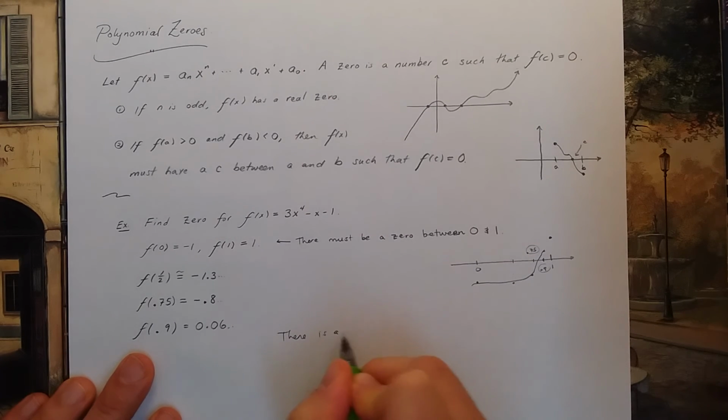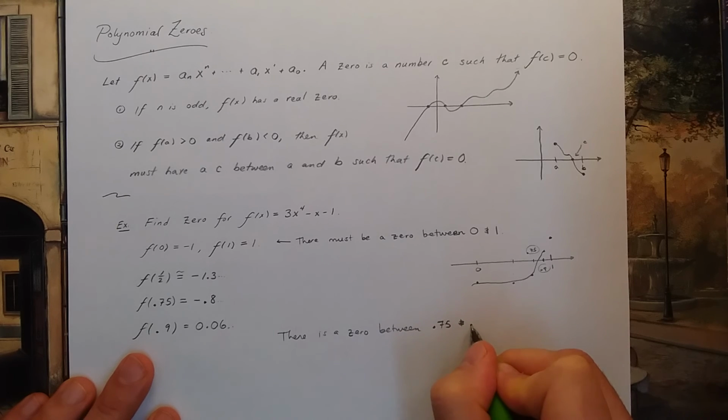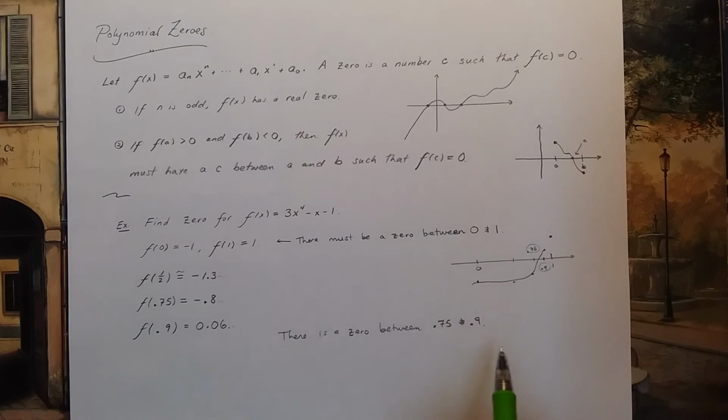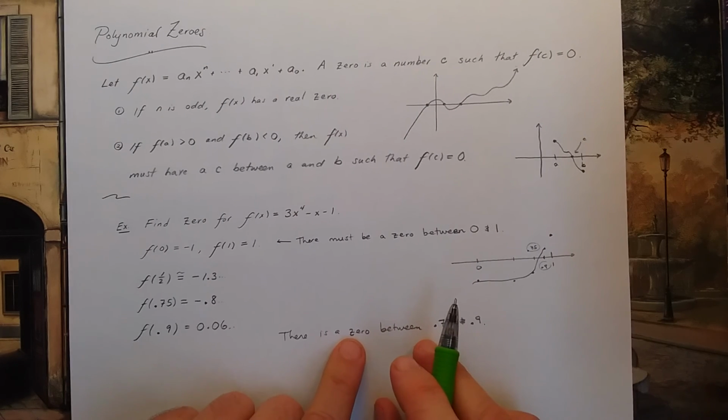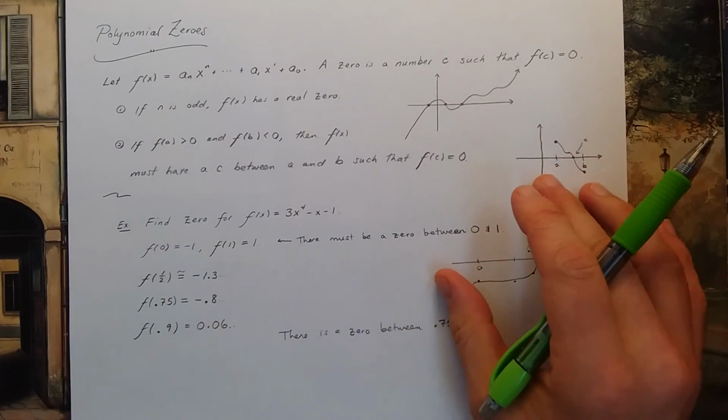So there is a 0 between 0.75 and 0.9. If I need even more accuracy, I can repeat this process. I can test more values in the small window that I've narrowed down the availability of a 0 and get better and better approximations.